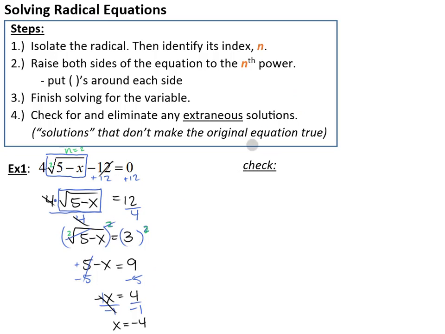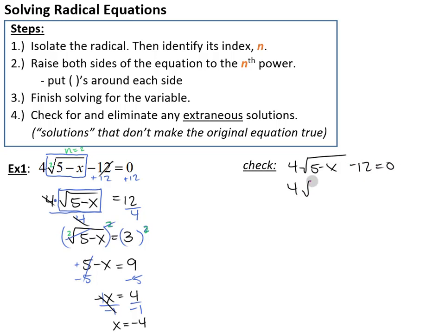So we have a potential solution. However, these algebraic techniques sometimes create false solutions, which we call extraneous solutions. So we need to check: if I plug in negative 4 back here, does it make the original equation true? Remember, the original equation is 4 times the square root of 5 minus x minus 12 equals 0.